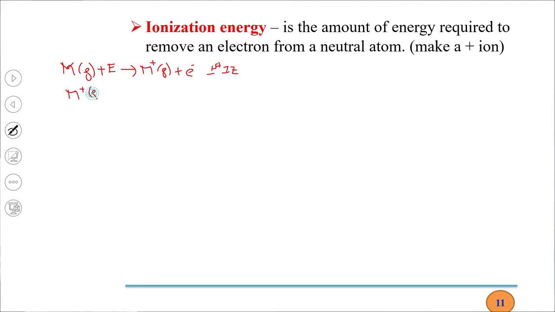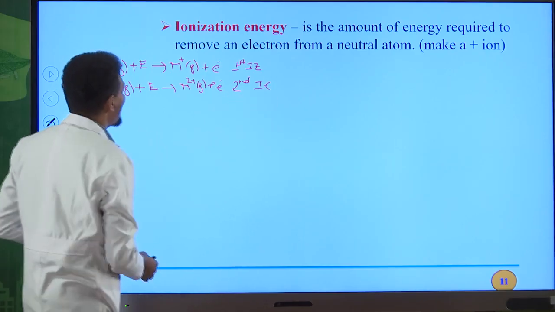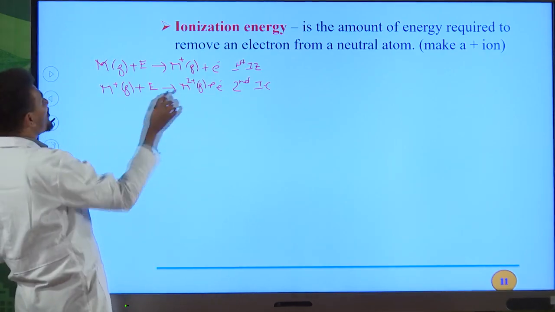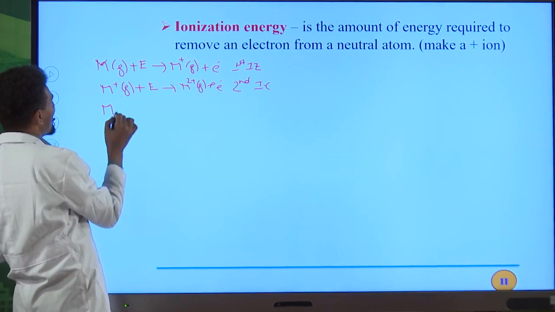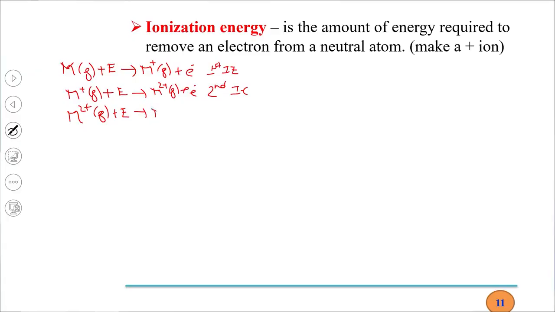You can represent it as M plus in the gaseous form plus energy. When one electron is removed, we get M2 plus in the gaseous form plus another electron. So this is second ionization energy. If the third electron is removed, if one electron is removed plus energy, then we get M3 plus plus an electron, in the gaseous form.